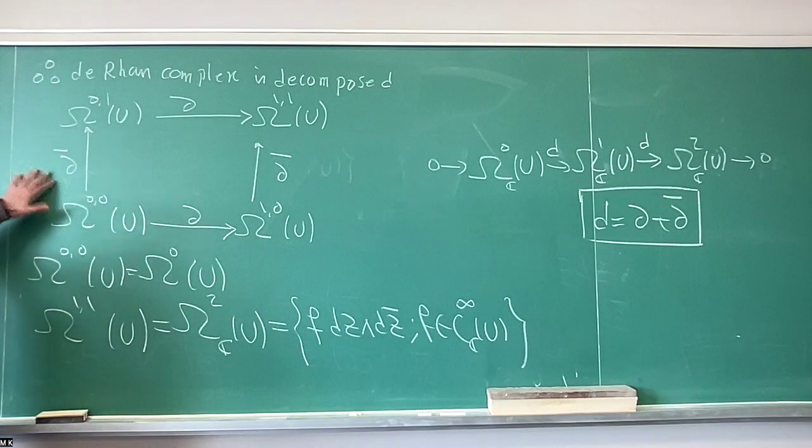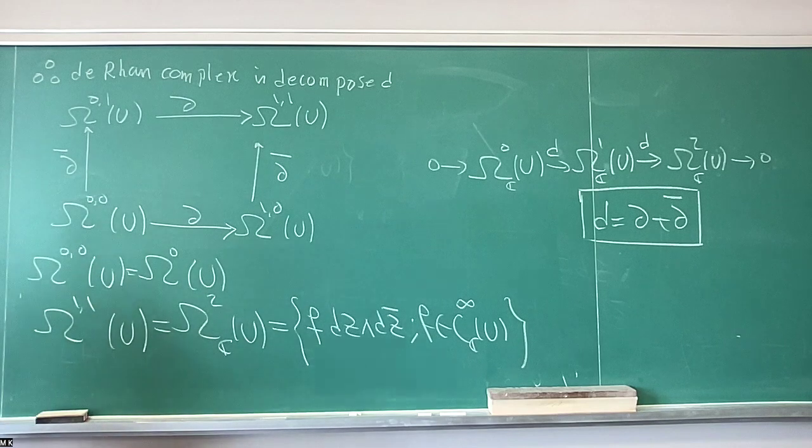This is the actual way we want to think about Dolbeault complex or differential forms over Riemann surfaces very soon. But we are over U now, just an open subset of C. Okay. Any questions?